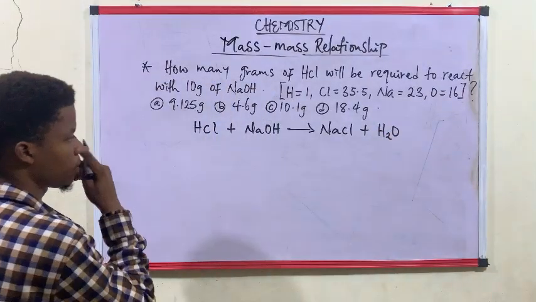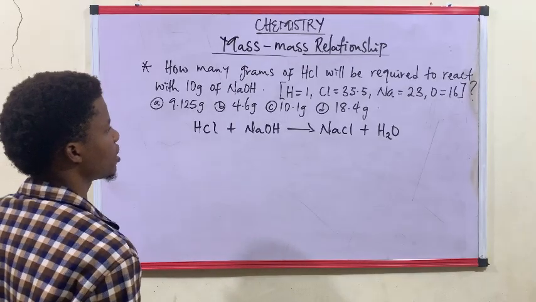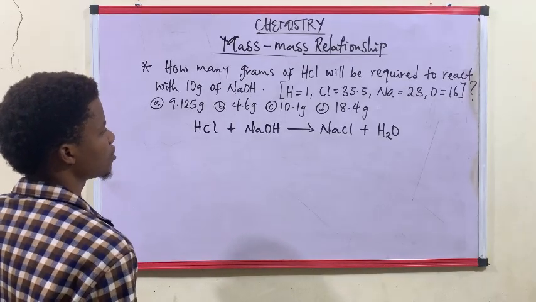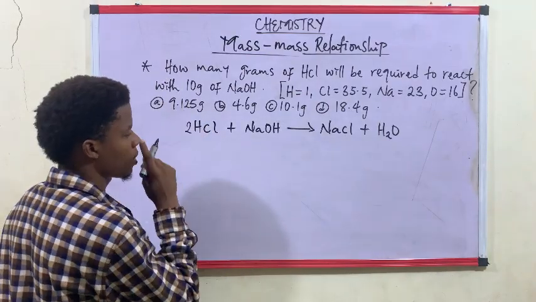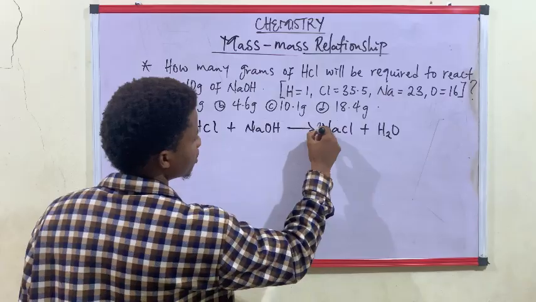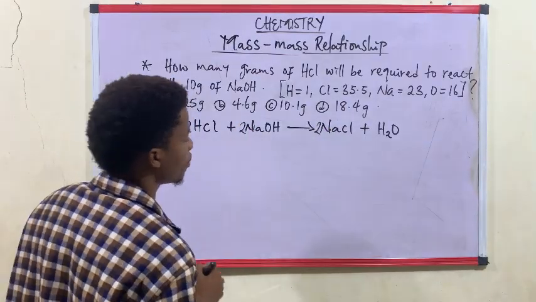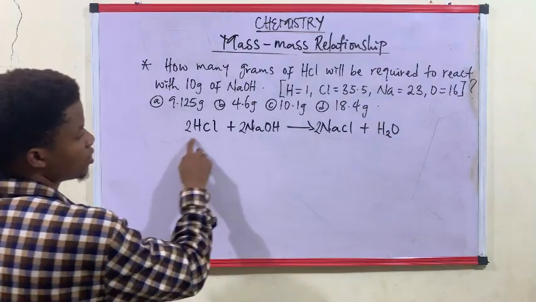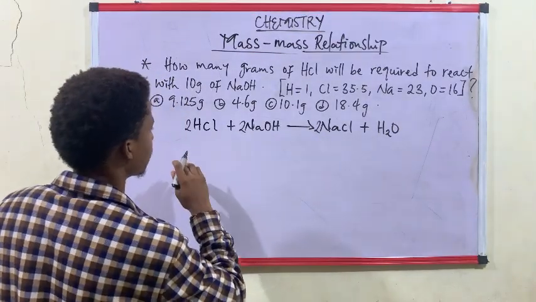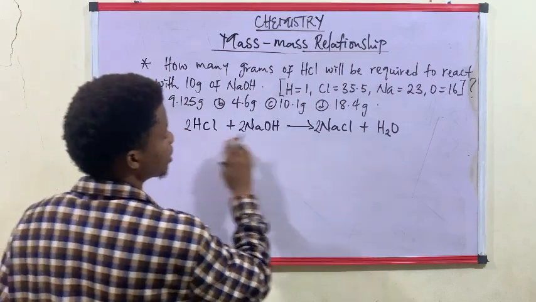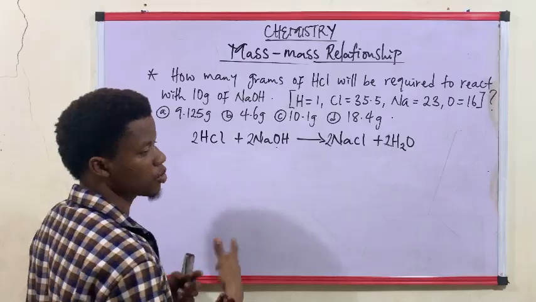By the time we balance this reaction, we put 2 here, we put 2 here, and then we will also put 2 this way. So it's balanced. So hydrogen is 4. Having balanced our reaction, now let us solve.